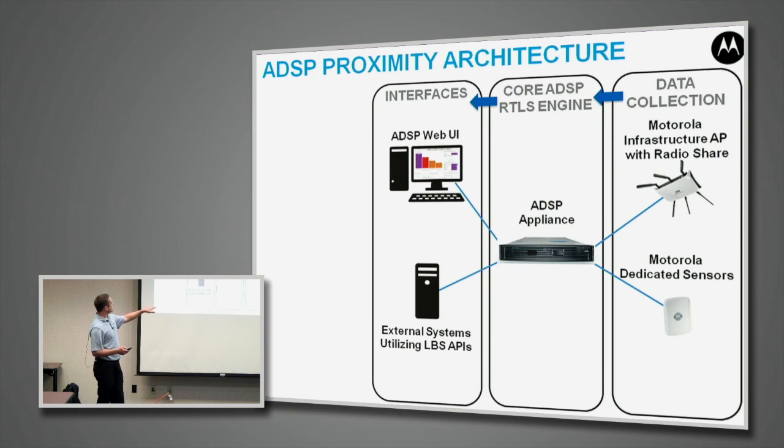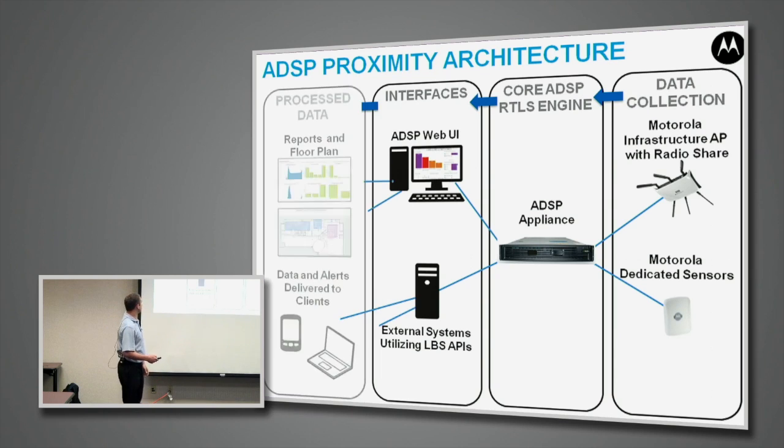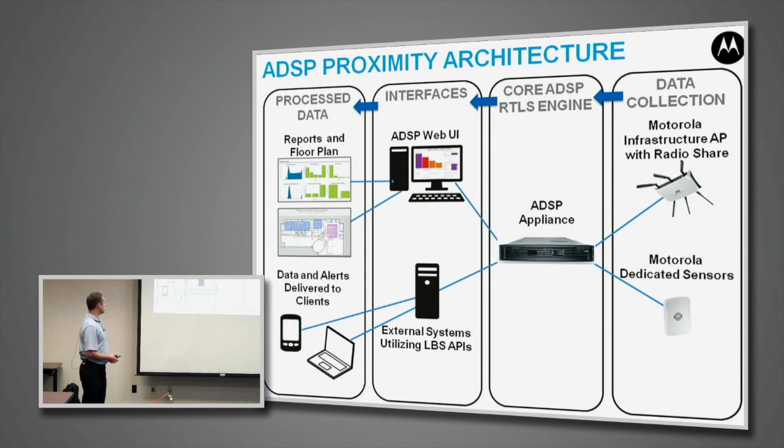From there, it does all of its calculations and analytics and sends that back, so now you have access to it in the UI. You have access to the data, and external systems also have access to this data through the APIs. And that's where you get your reporting and your data alerts and device promotional messages and things like that from external systems.